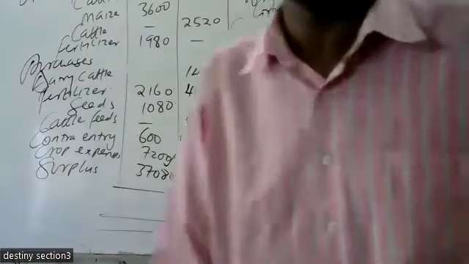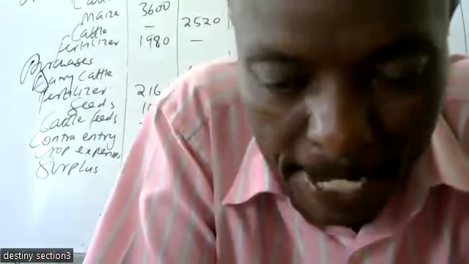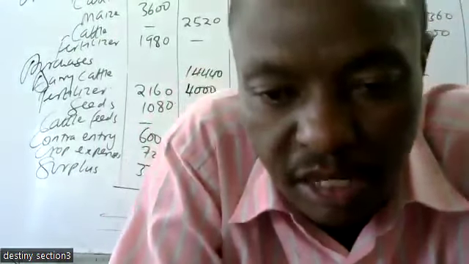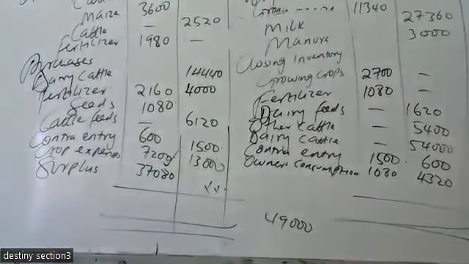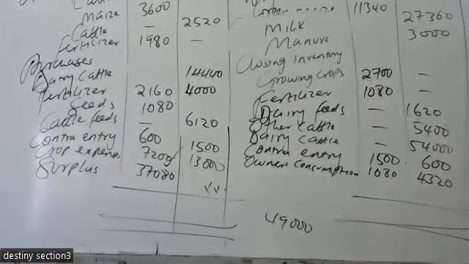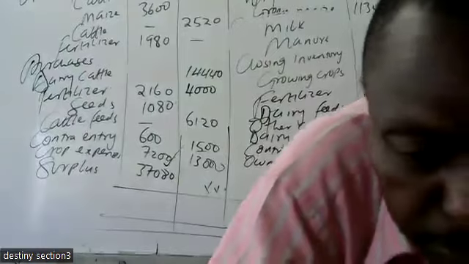Kindly repeat once more to confirm that it is indeed 79.20, because I'm doubting the 79.20. Kindly repeat once more the surplus for livestock.